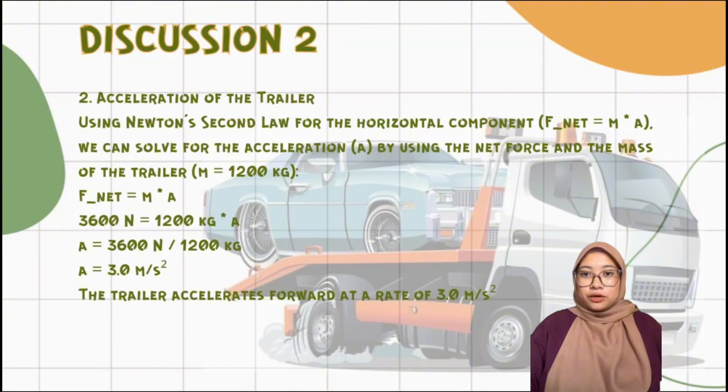Fnet equals m multiplied by a. 3,600 Newton equals 1,200 kg multiplied by a. Next, a equals 3,600 Newton divided by 1,200 kg. And a equals 3.0 meters per second squared. The trailer accelerates forward at a rate of 3.0 meters per second squared.